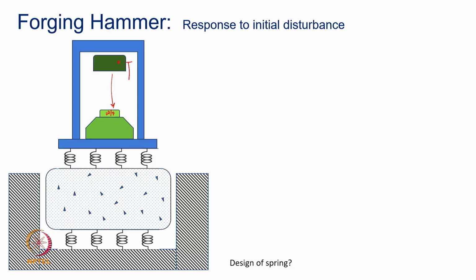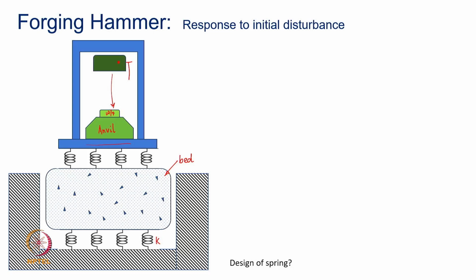This is an anvil on which the workpiece is mounted, and this is the total base structure, and that structure is isolated from a huge concrete bed here. So, this is a bed, and it is again isolated through an isolator here from the ground, okay.